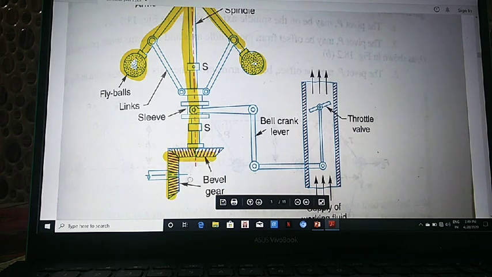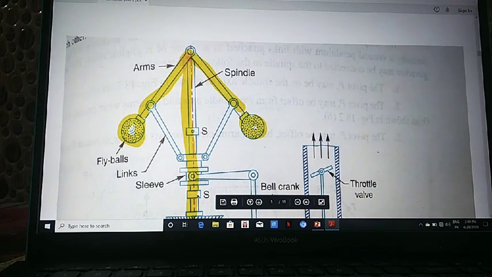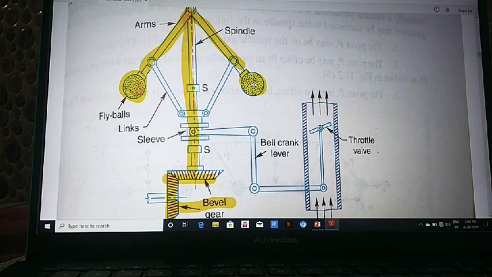The bevel gears are connected to the engine shaft, and the engine shaft is connected to the loading system of the engine, so that when there is a load variation, it will be actuated through the gears to the spindle, and according to that, the supply of the working fluid is regulated. The motion is also transmitted from the gears to the spindle, so that the spindle will rotate at some velocity. When the spindle rotates, the arms along with the balls will also rotate about its central axis.